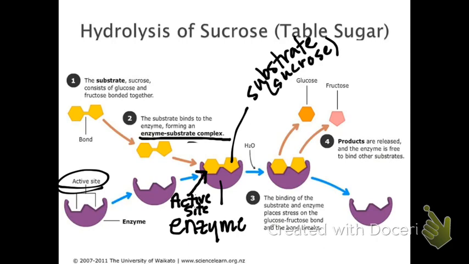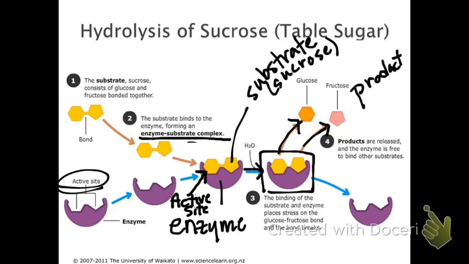And then if you'll draw this arrow here, in this case, it's hydrolysis. We're introducing water so that we can break those apart. The enzyme uses water to break them apart. And then if you'll draw this enzyme, and then show these are your products. It breaks it down into glucose and fructose.